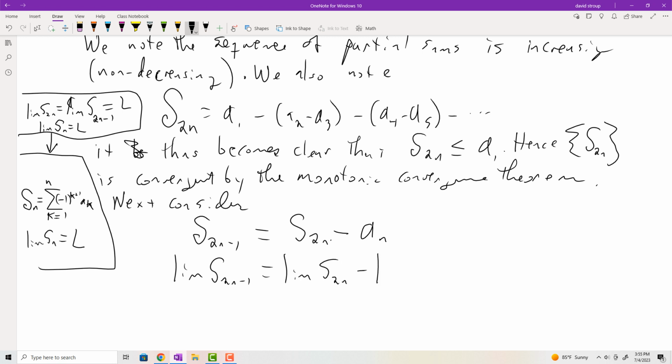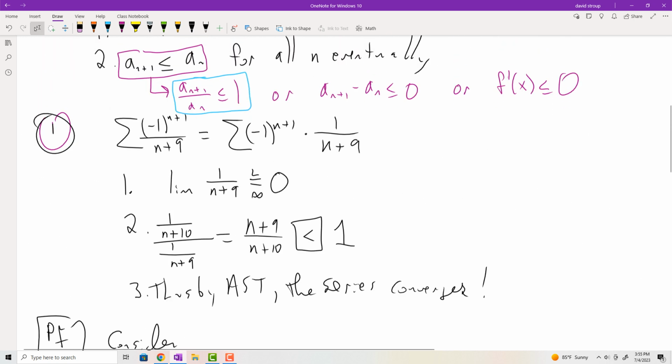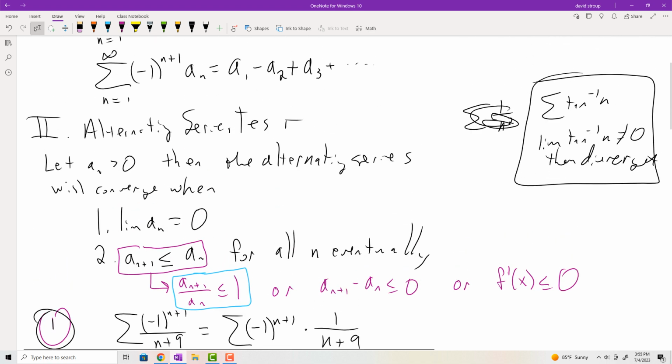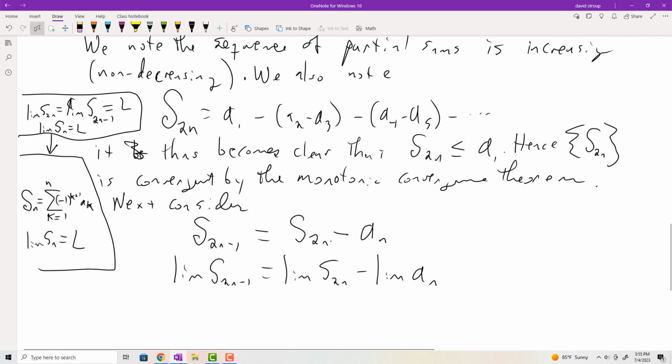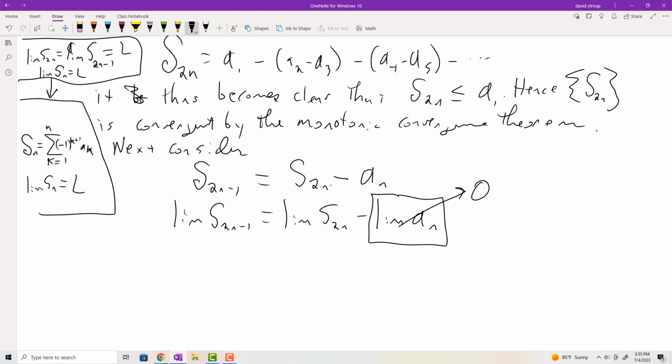We know both the limits of these guys. Remember, in the conditions that we start out with, step 1 and step 2, step 1 says that the limit of a sub n is equal to 0. So this limit right here, because of what we are trying to prove, is going to be equal to 0, and thus this limit of s sub 2n minus 1 is just going to equal whatever the heck the limit of s sub 2n is, and thus we have what we need.